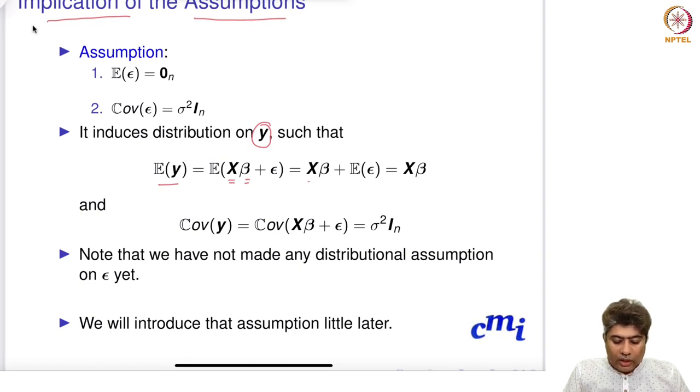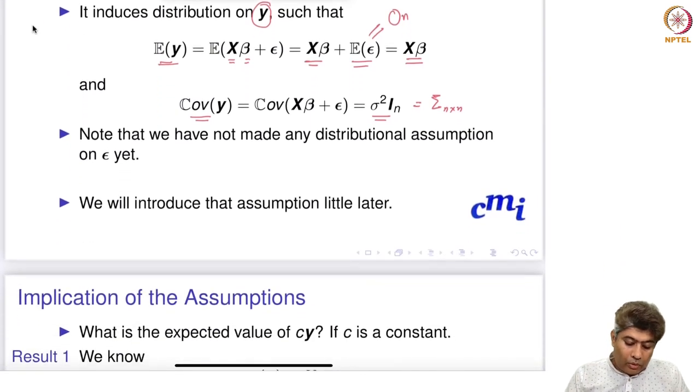So that means X beta plus expectation of epsilon. Now expectation of epsilon is 0, under our assumption. So expectation of y is equal to X beta, and the covariance of y is equal to sigma square I n. This is our covariance matrix of order n cross n, typically a diagonal matrix with all off-diagonal elements 0.